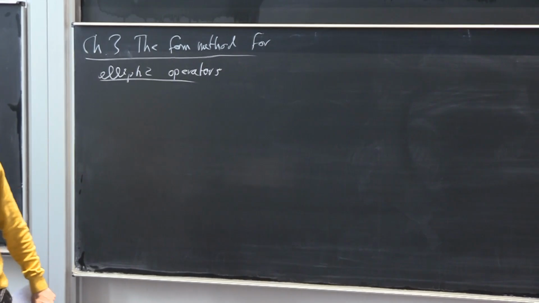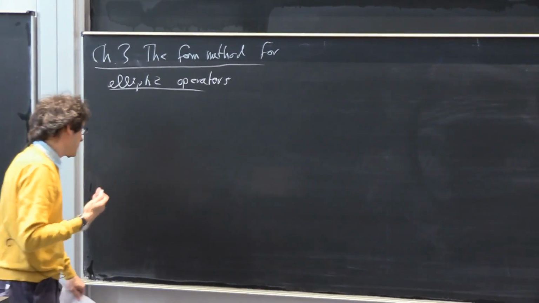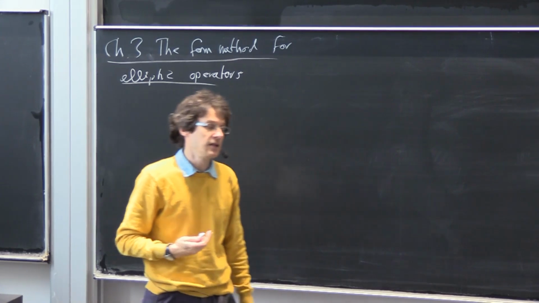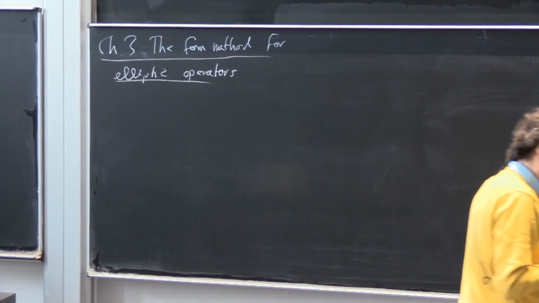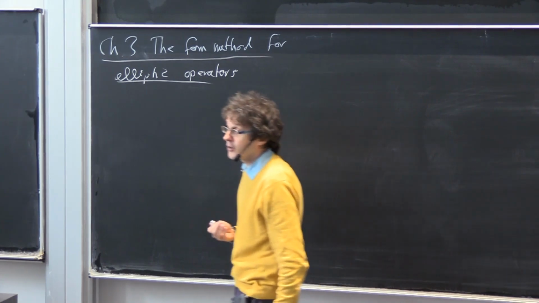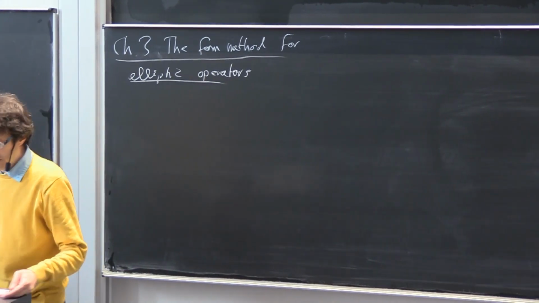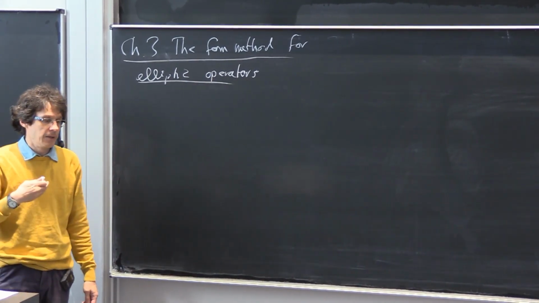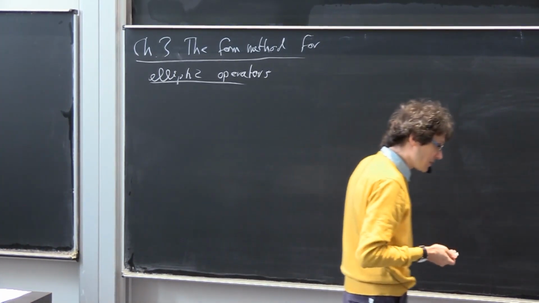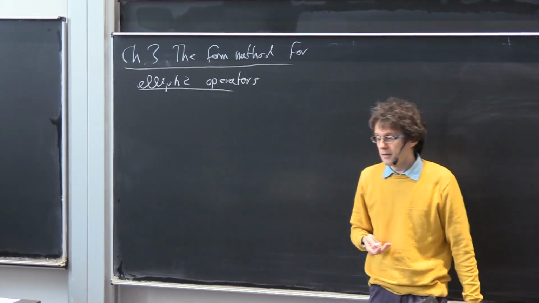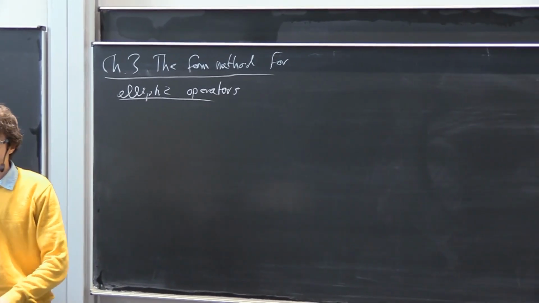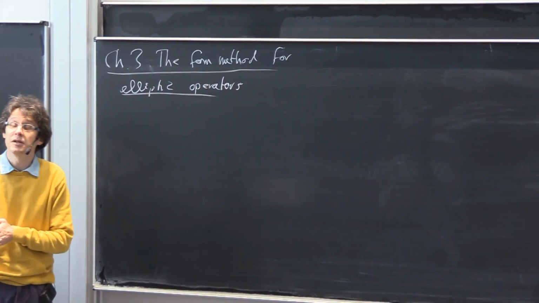The model case of such an operator, the most important example, will be the Laplace operator, but we will have some more general things. In order to get there, we have to find a good Hilbert space where we can define the forms and then prove that everything goes right in the sense of the last chapter.